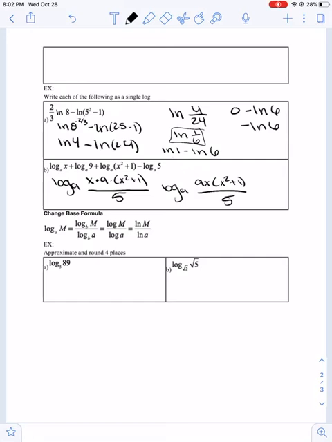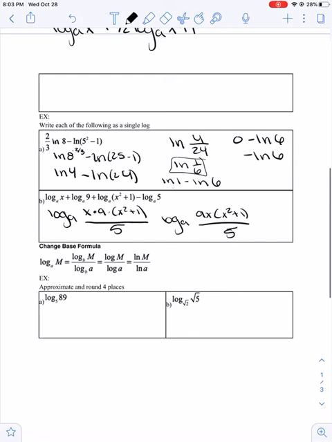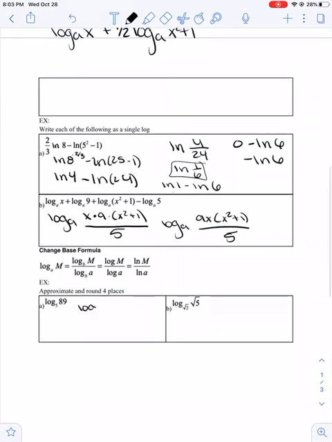Okay. Lastly, we're going to look at the change of base formula. You want to get both of these, like log base 5 of 89, to have the same log, so you can enter it in the calculator and solve for it. The rule is you just have a similar base, so it's like log over log, and the top is 89 and the bottom is 5.